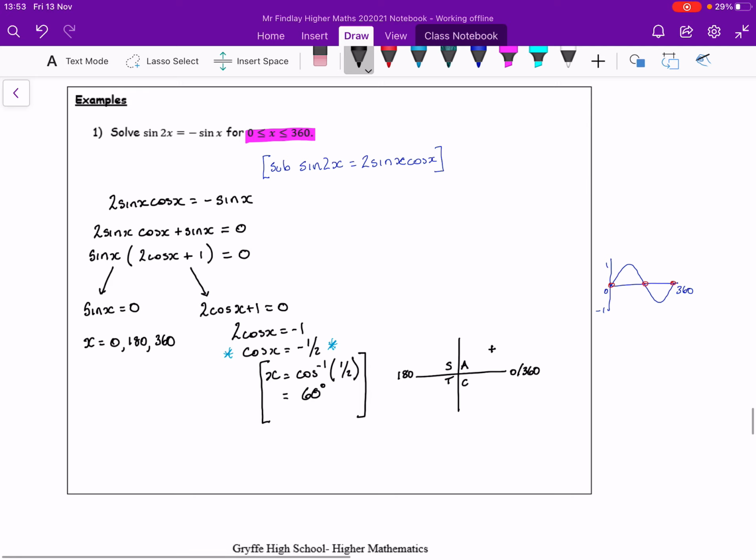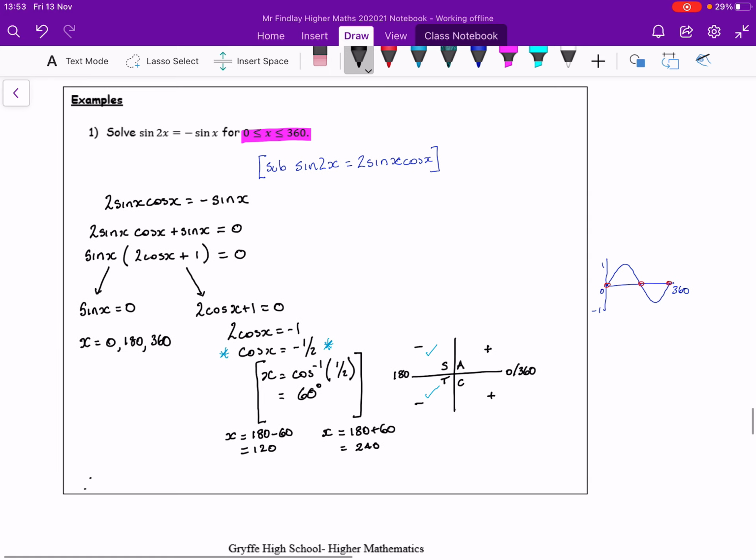It's positive in All, and C for cos, and therefore it's negative in the other two. And we have a negative a half, so we are considering our two negative quadrants. So x must equal 180 minus the 60 degrees, and x must equal 180 plus the 60 degrees. So 120 and 240. Again, both solutions fall between 0 and 360.